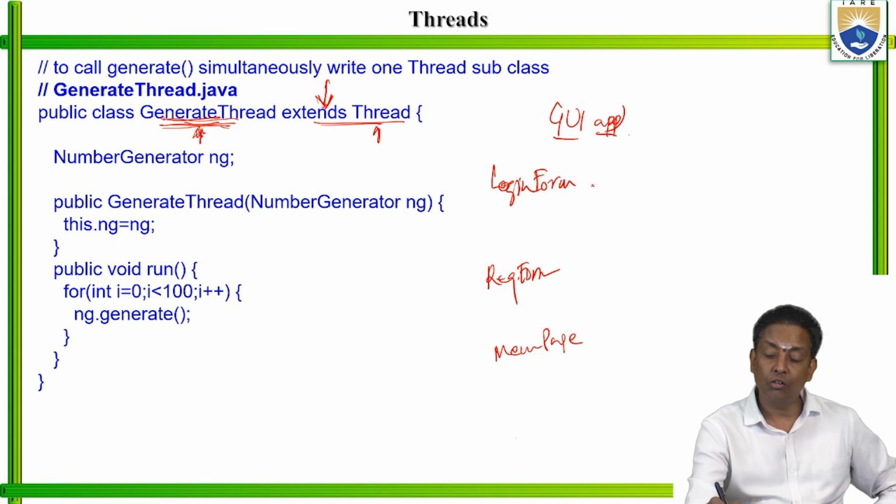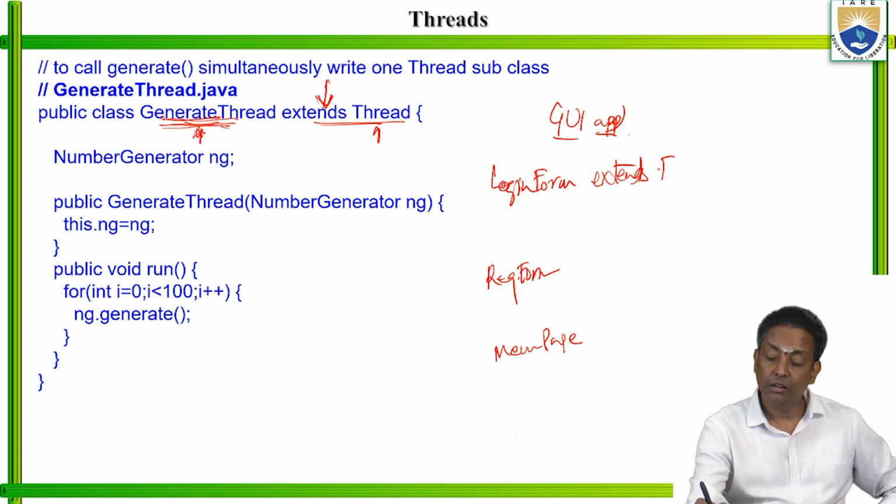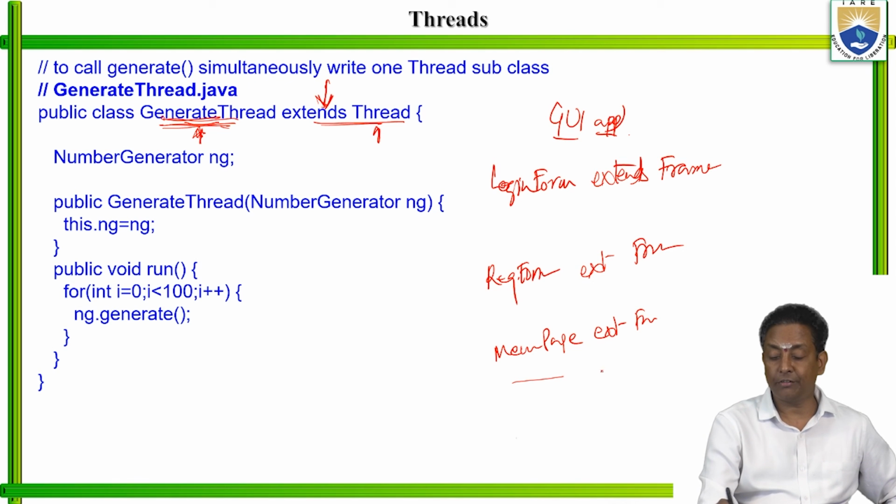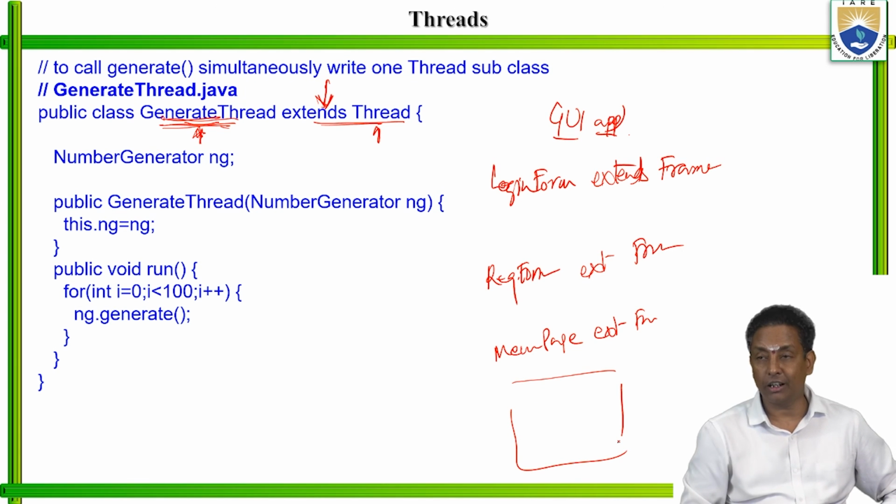Whenever we write these, we extend our class from Frame. From the Frame class we extend, so that we get a rectangular screen, on which we place some menus and some forms.